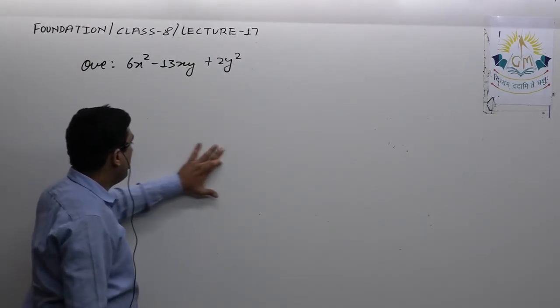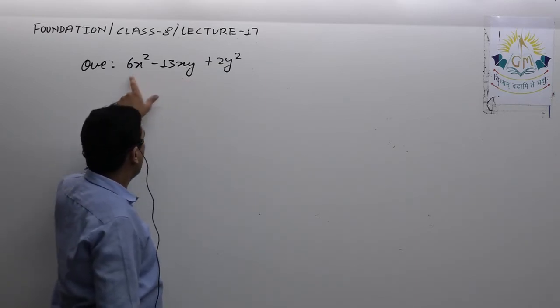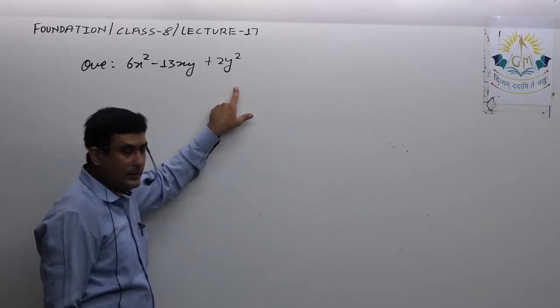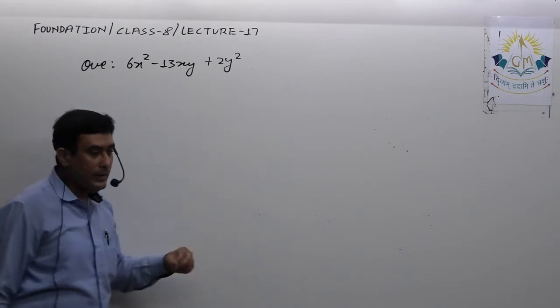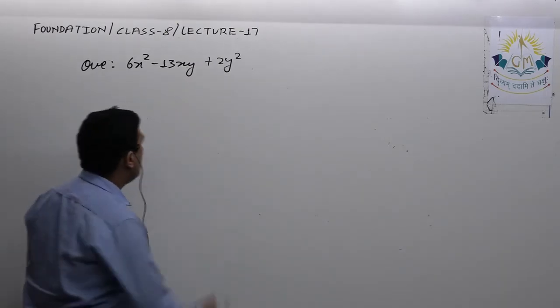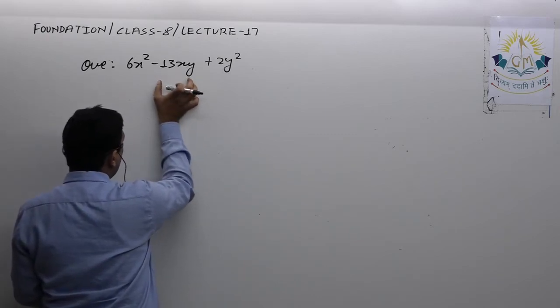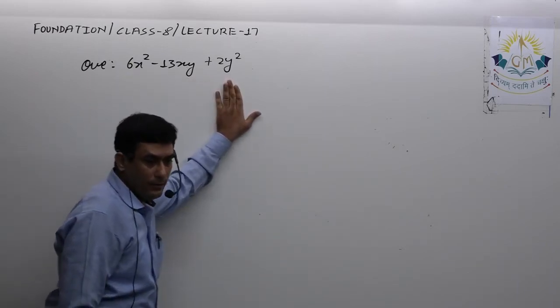Okay, here again we have to split the middle term, in which you will find both the variables, the variable which is in the first as well as the variable which is in the last. So we can say the term in which there are two variables will be considered the middle term. So again I have to split this minus 13xy using the factors of first and last.